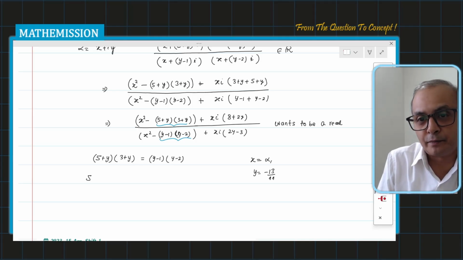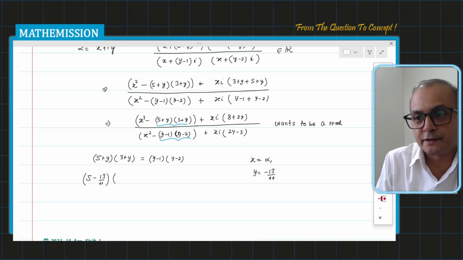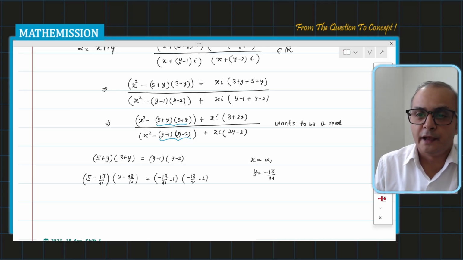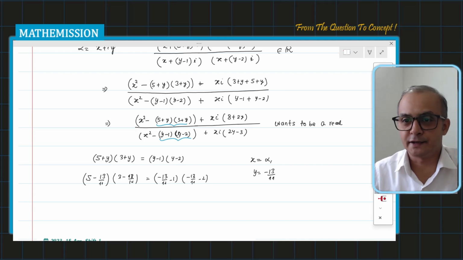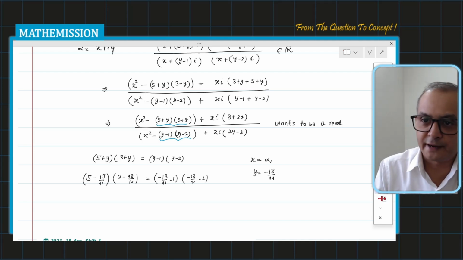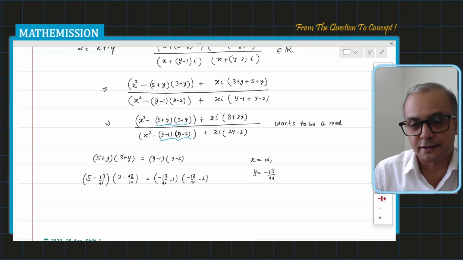So here I will get 5 minus 13 by 11, and here I get 3 minus 13 by 11. And this side I have minus 13 by 11 minus 1, minus 13 by 11 minus 2. We just calculate the left hand side and right hand side separately and see whether both are equal at the same point.